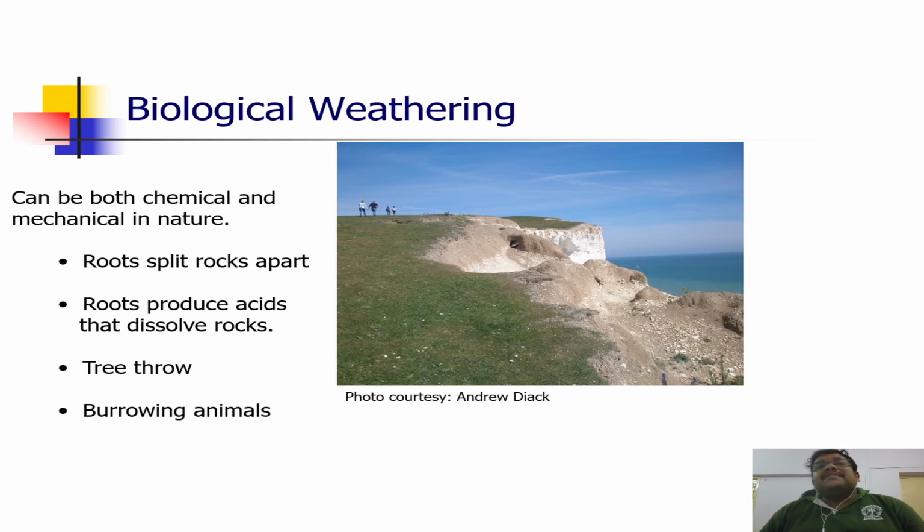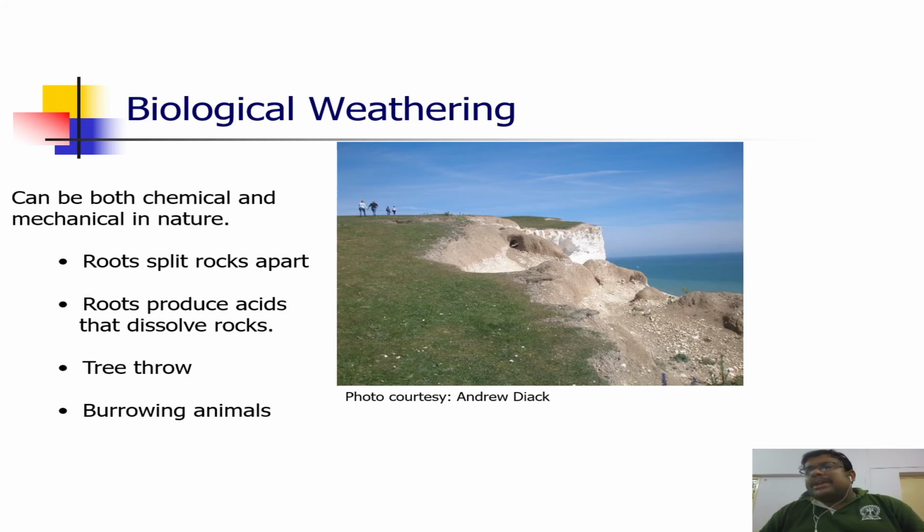Some examples of biological weathering are roots splitting rocks apart, and roots producing acids that dissolve the rock. When roots split rocks apart, that is an example of mechanical weathering, whereas when root-produced acids dissolve the rocks, that is an example of chemical weathering.